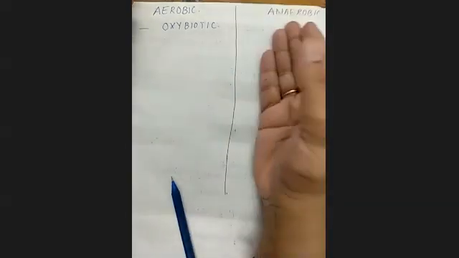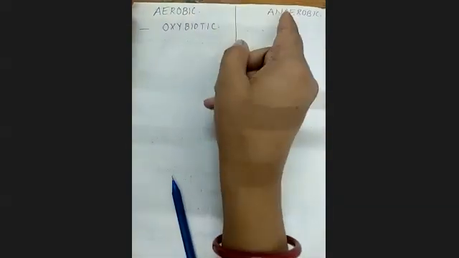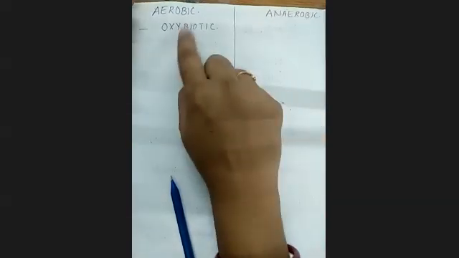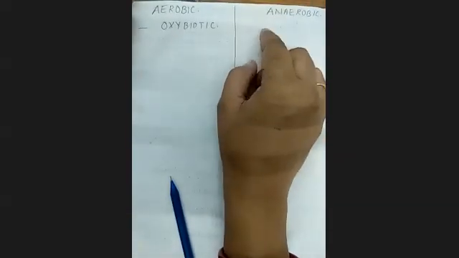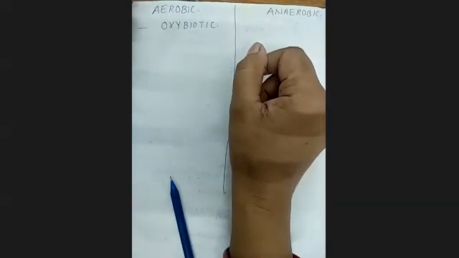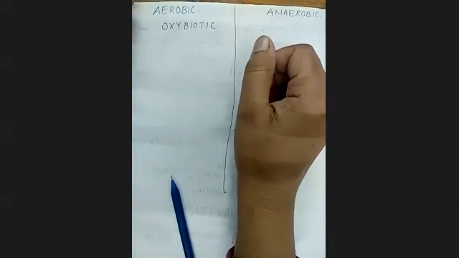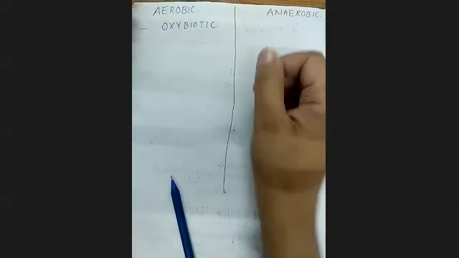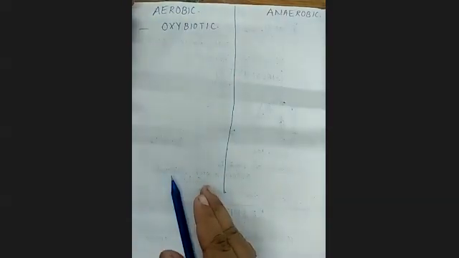Yes, miss. Okay, so here it should be opposite. Aerobic has the opposite anaerobic. Oxybiotic has the opposite anoxybiotic. Is it clear to you? In the absence of oxygen. I will see on this side first, then we will discuss that one.